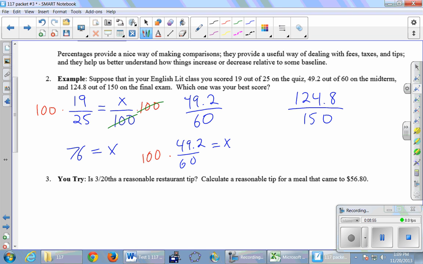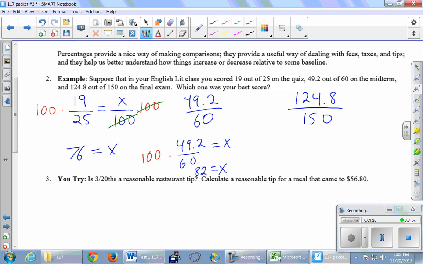Somebody with a calculator help us out on this one? There are lots of ways to do these. 82.